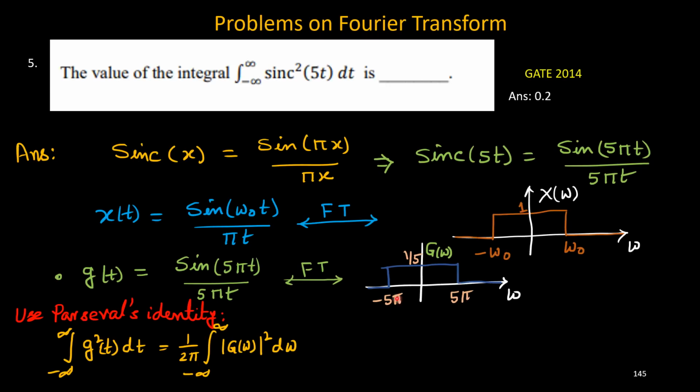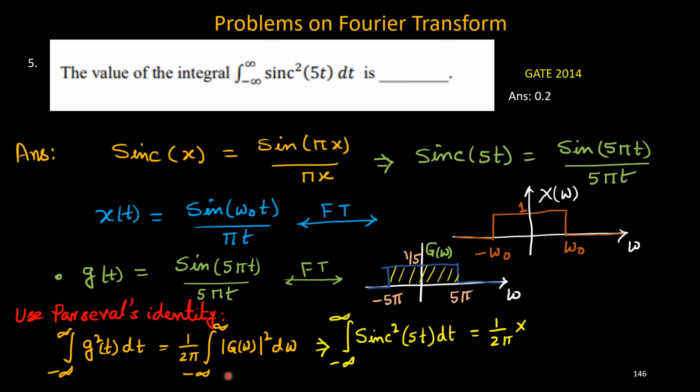Because it is much easier, because this spectrum is very smooth, one rectangular window. So that integration we can compute very easily. So the square of this one is nothing but this area then.